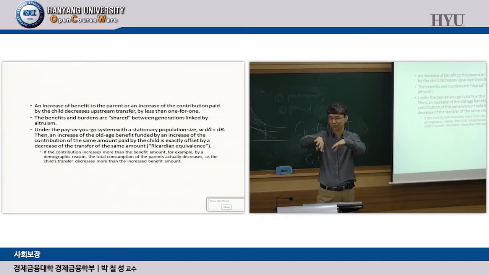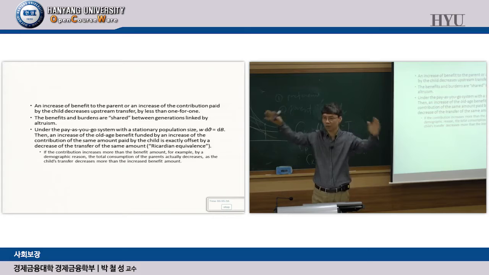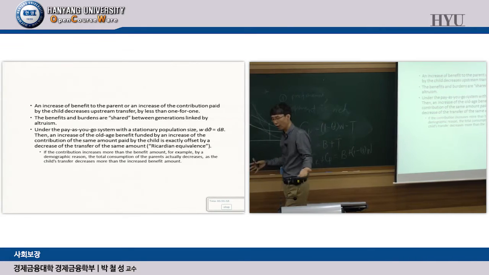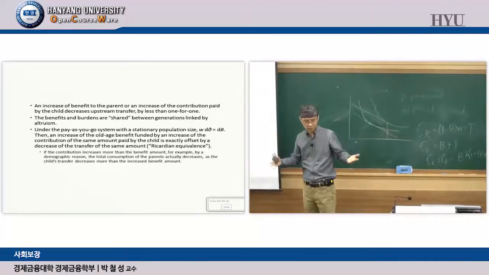Then if you just extend those links of altruism, it's quite possible that this whole nation is linked by altruistic chains. Okay? So theoretically, if you think about it, it's quite possible that if all these altruistic chains work that way, then the whole country is linked by altruism.